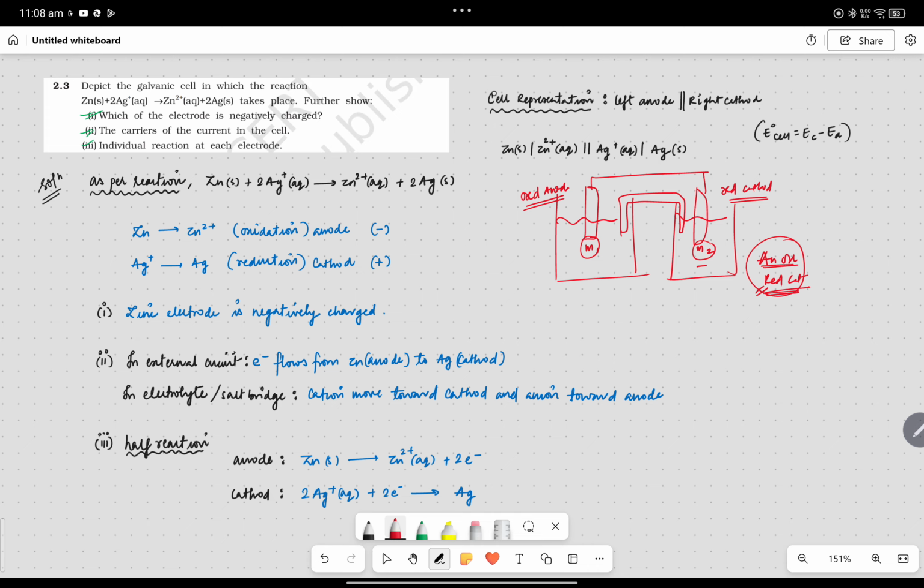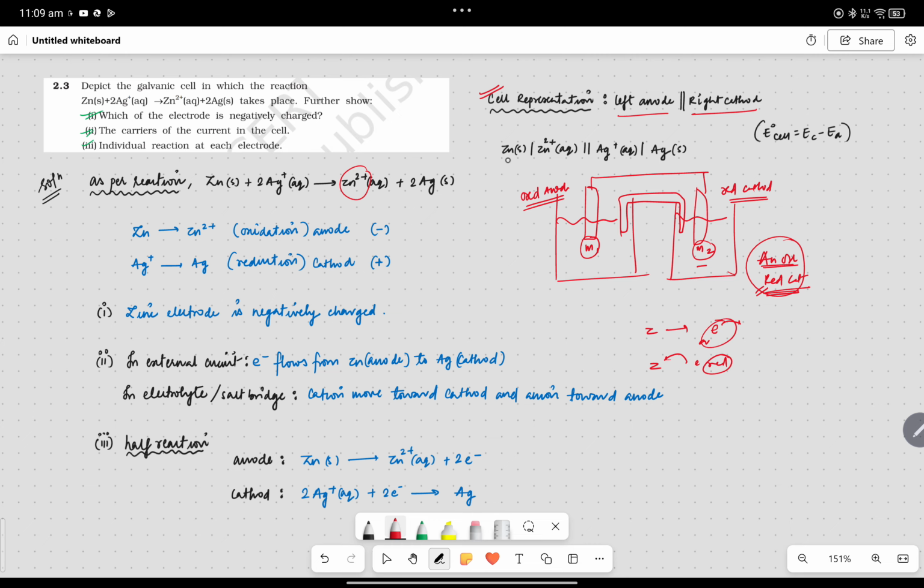Now after that, an important concept is cell representation. I want to also complete all the concepts around this. The cell representation is done by writing the anode on the left side and the cathode on the right side. Here you can see that Zn is giving electrons, and giving electrons is called oxidation, and taking electrons is called reduction, right?